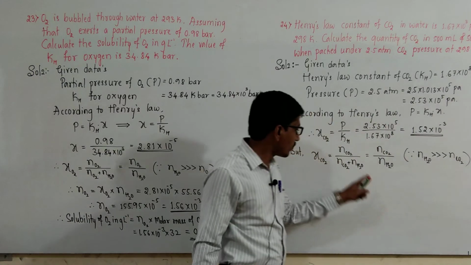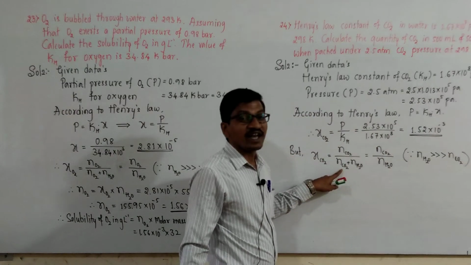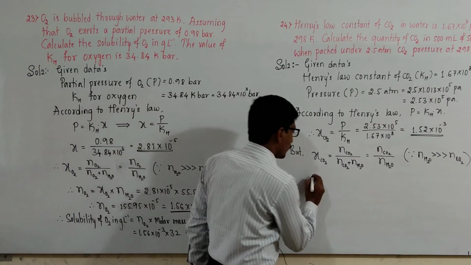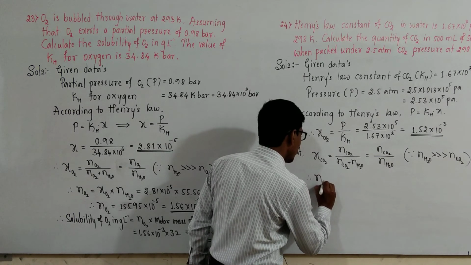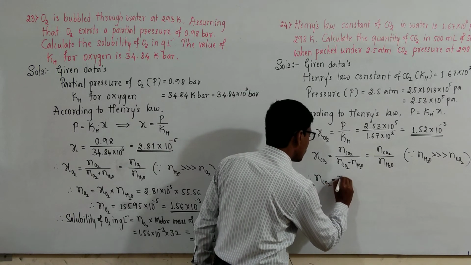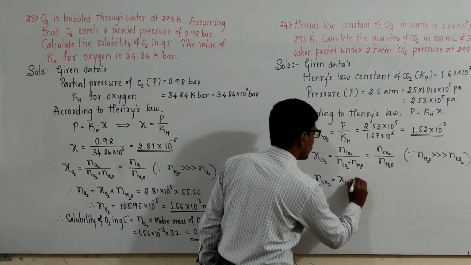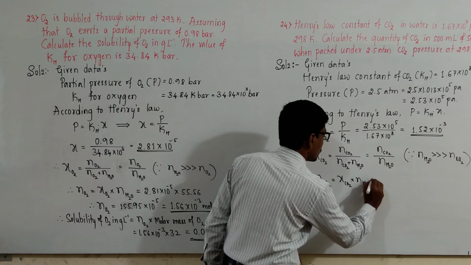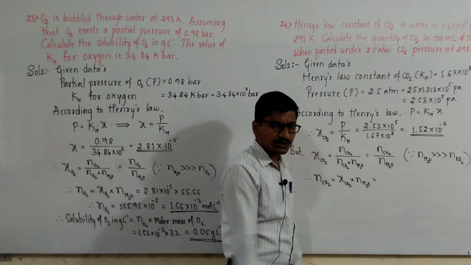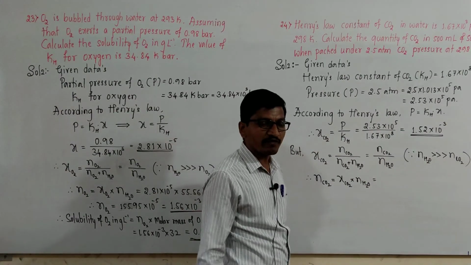That's why nCO2 is neglected in the denominator. Therefore, nCO2 is equal to xCO2 into nH2O. nH2O is known, that is 55.56.